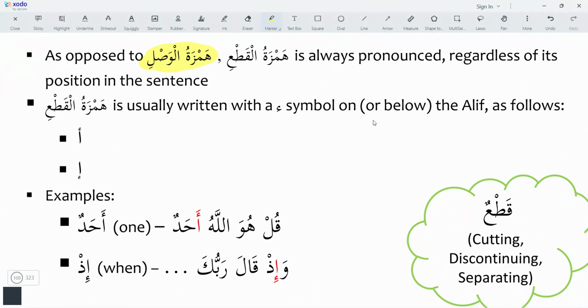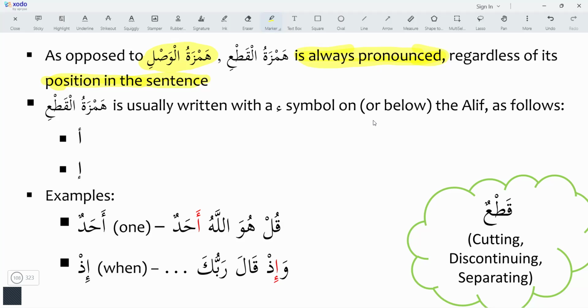Hamzatul Wasal is always pronounced, regardless of its position in the sentence. Whatever is its position in the sentence, Hamzatul Wasal we will pronounce. Hamzatul Qat'i, not Hamzatul Wasal. Hamzatul Qat'i we will pronounce.